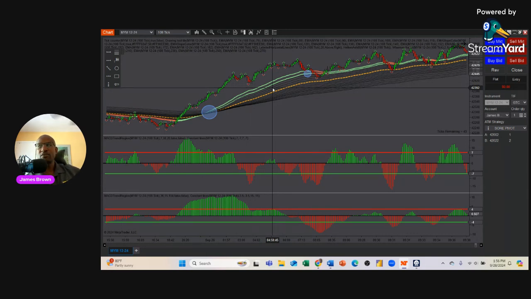This is extra stuff that you don't really need to know, just context as to why price does what it does and why moving averages do what they do. The moving averages always act as support, resistance, magnets. So when you have that much space between price and the moving average, depending on which one you put on your chart, just understand that price wants to come back to those moving averages.